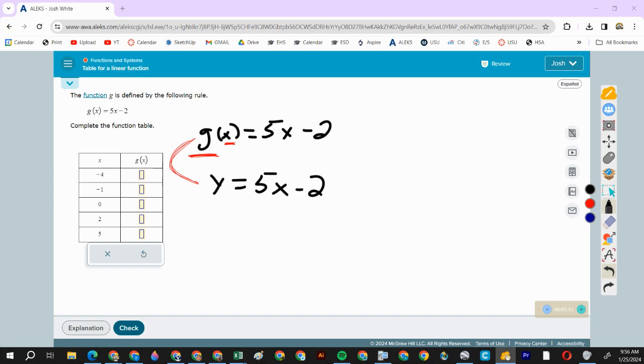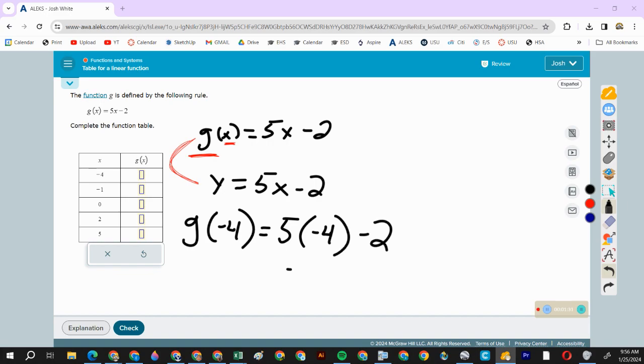So if I wanted g of -4, all that's saying is rewrite the equation, and instead of using x's, use -4. So that would be 5 times -4 minus 2. So 5 times -4 is -20 minus 2 is -22.